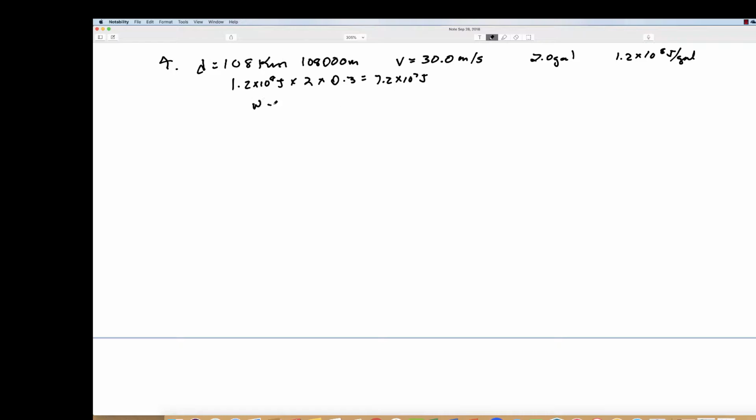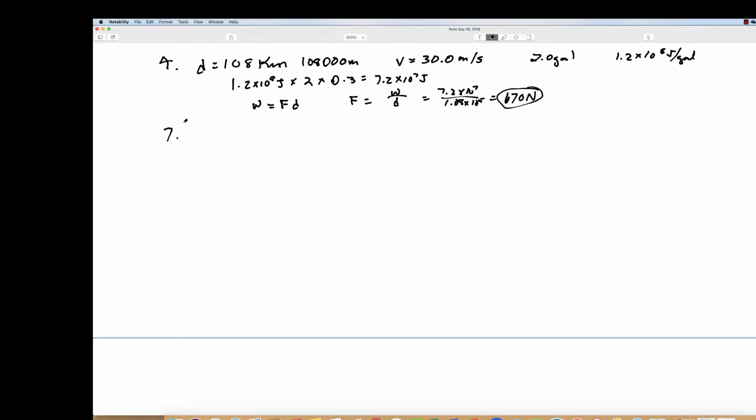And the work is going to be equal to the force times the distance. So the force is going to be equal to the work divided by the distance, which is equal to 7.2 times 10 to the 7th divided by 1.08 times 10 to the 5th. Now if you do the math here, you get 670 newtons of force.